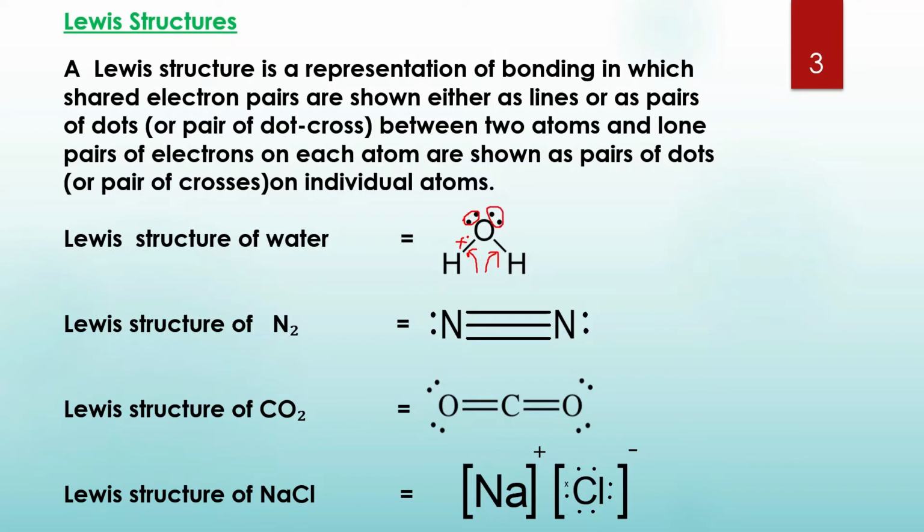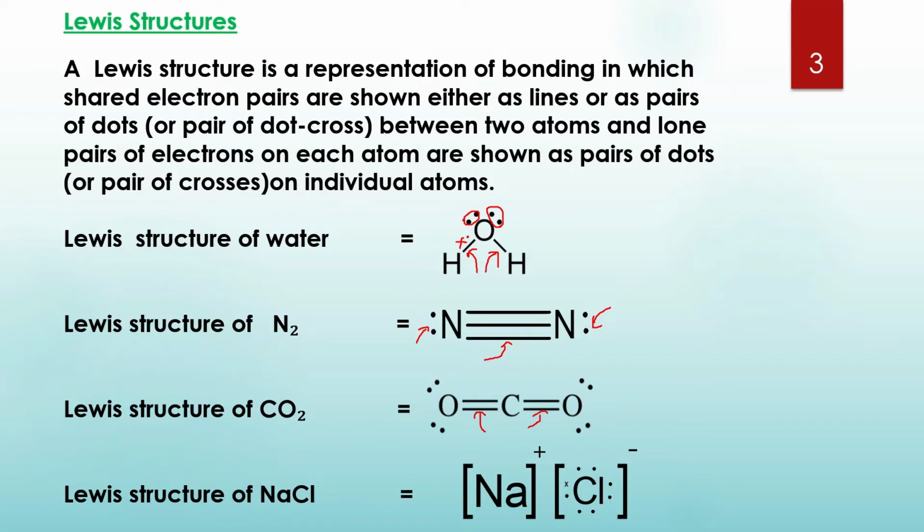The second molecule is N2, nitrogen. Here, as you can see, there are three shared electron pairs that form the bond. So we draw three lines to represent a triple bond. And these are the lone pairs of electrons. In carbon dioxide, there are two bond pairs, so we draw two lines.